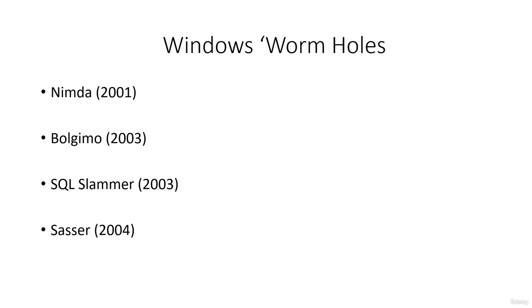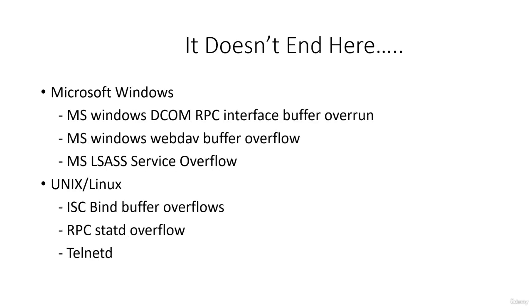Also Sasser, the very next year, appeared as a Windows operating system worm. So it doesn't just end here. Microsoft Windows also had the DCOM RPC interface buffer overrun, and the Microsoft Windows WebDAV buffer overflow, and the LSASS service overflow.